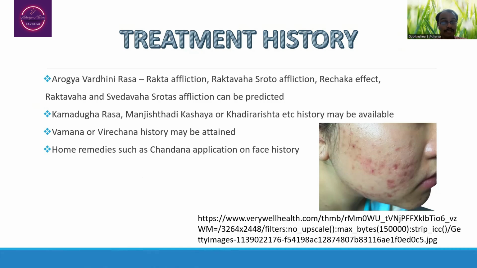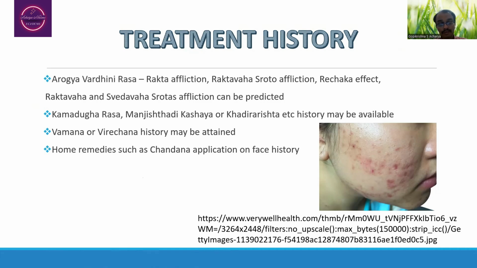Whether it is Arogyavardhini Rasa, which is specifically indicated in Kushta or skin diseases. By that we may predict the Rakta affliction, Raktavaha Srotas affliction, or there may be a possibility of Rechaka effect, and we may predict the possible Raktavaha Srotas or Svedavaha Srotas affliction.